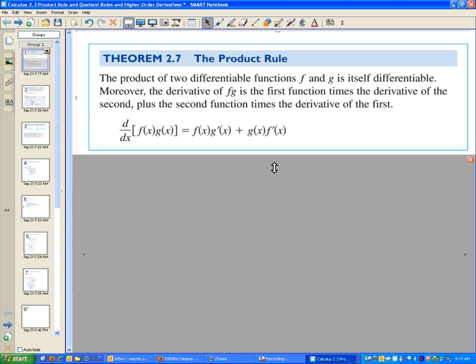Moreover, the derivative of f times g is the first function times the derivative of the second plus the second function times the derivative of the first. And that's really the way I have it memorized. First function times the derivative of the second plus the second function times the derivative of the first.